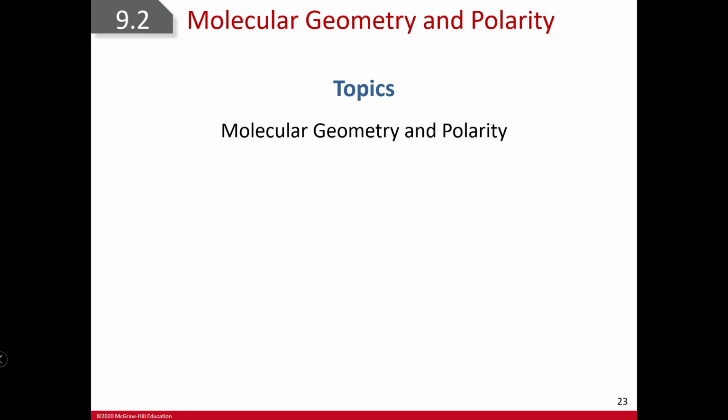We looked at the electronegativity difference between two elements that were bonded together, and we determined that if the electronegativity difference was between 0 and 0.4, we called that a non-polar bond, or a pure covalent bond, or just covalent bond. If it was greater than 0.4 but less than 2.1, we called that a polar covalent bond.